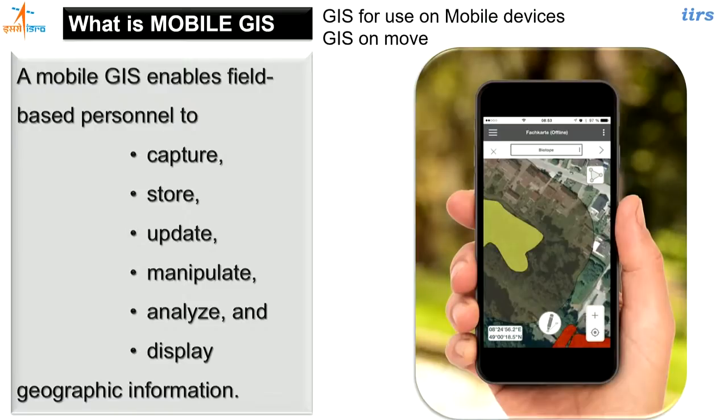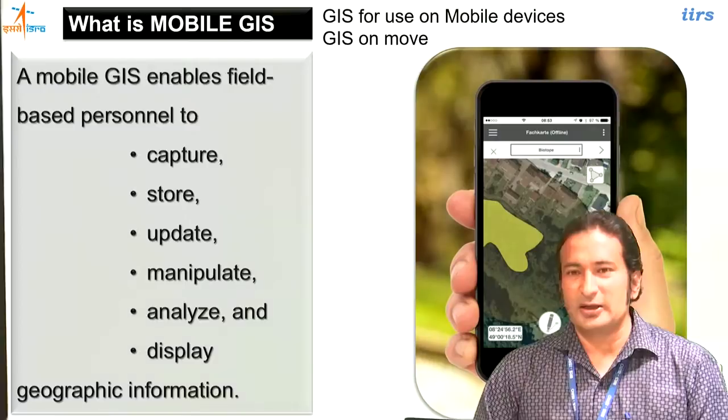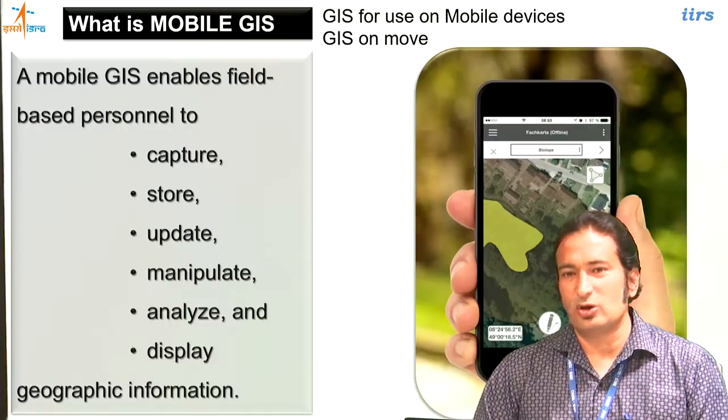You are not at your lab, but you are in the field itself. So a system which enables these operations in the field, we can term it a mobile GIS. There are various tasks like capturing the data. I want to capture some geographic data.